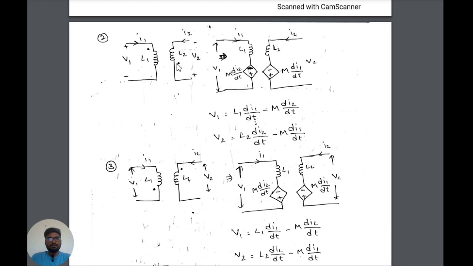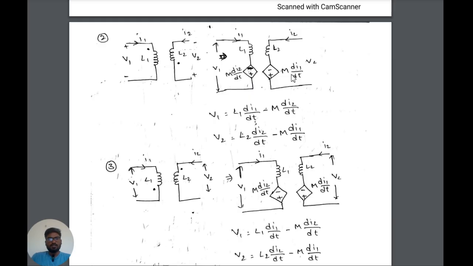So at the leaving time, if you see coil 1, the dotted terminal will be negatively signed. So top will be negative, bottom will be positive. So this is written like this. It is an independent source with minus on the top and positive on the bottom.